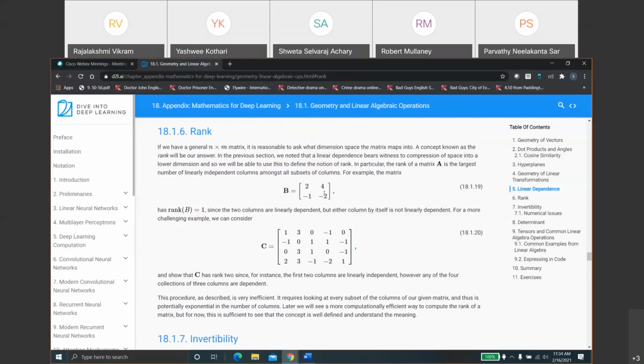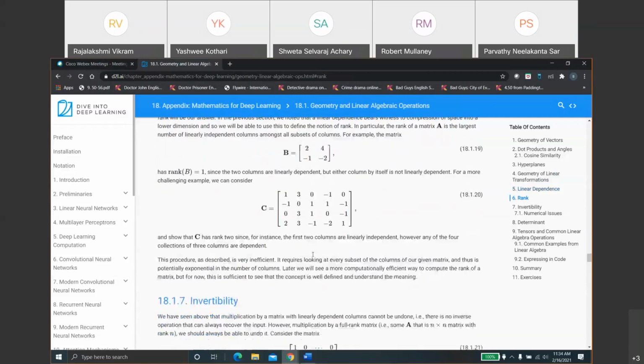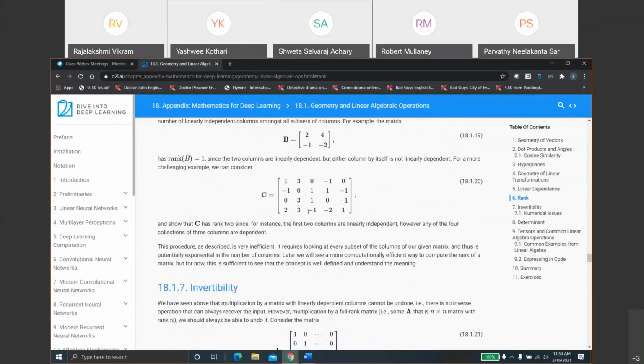Which means B2 is dependent on B1, which means there's only one linearly independent vector, which means the rank of B is 1. By looking at a particular matrix, it is difficult to say what the rank of the matrix will be. So there are several methods with which you can find out what the rank of a matrix is. So I'll show you just one method.